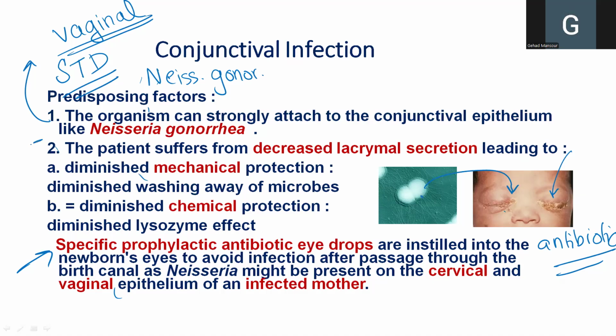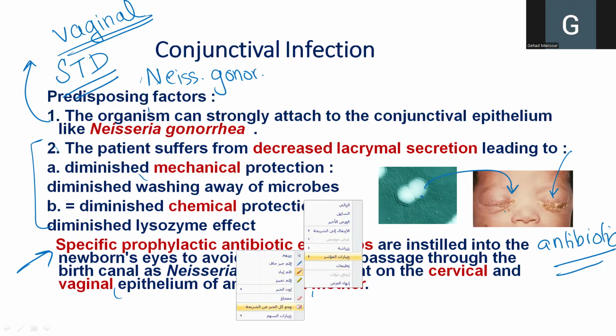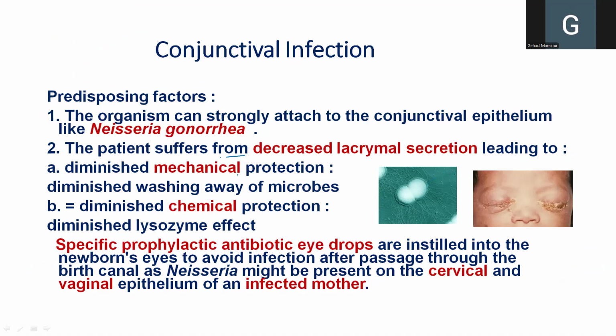The third and last item, or actually the second item, is what happens to people who have decreased lacrimal secretion. If you have decreased lacrimal secretion, then you have diminished protection of your eyes, because the tears provide both mechanical protection and chemical protection.